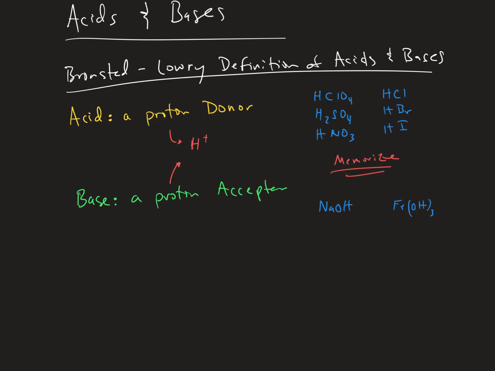Why? Can anybody tell me? Acids and bases are ionic. Okay, so let me just tell you, and this is the reason why these are strong. I was just wondering if you can recognize anything.